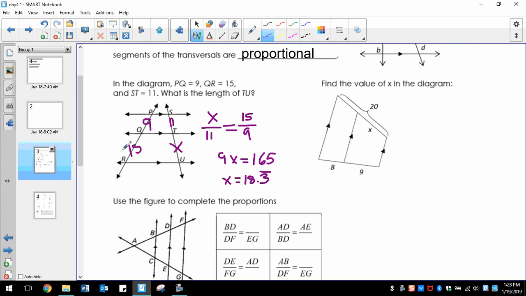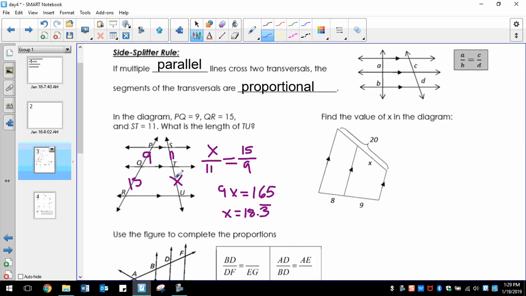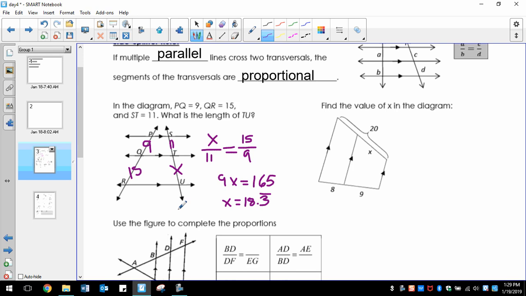In many situations it will work to go sideways like this, but we want to stay true to the proportion here and just use the segments along one transversal and then switch to the other, instead of going over the empty space here. It'll help maintain the traditional way that we're doing the proportion. Often you will get the same answer if you go sideways too, but sometimes you don't.